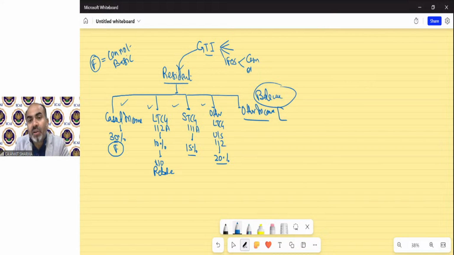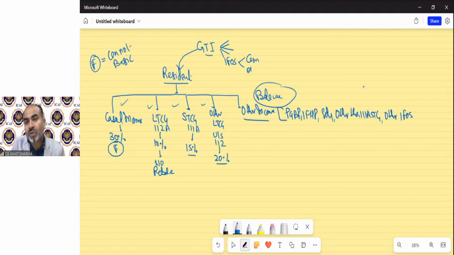That means it will include your PGBP income, your income from house property, your salary income, if any, your short-term capital gain other than 111A, because 111A short-term capital gain is over here. So other short-term capital gain on jewelry, building, land, etc. will be covered in the balance, and other income from other sources.